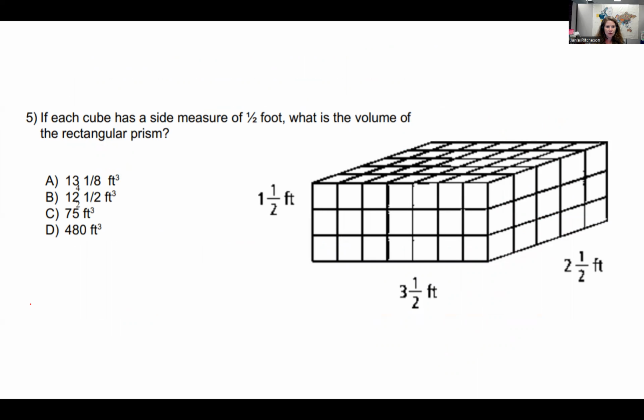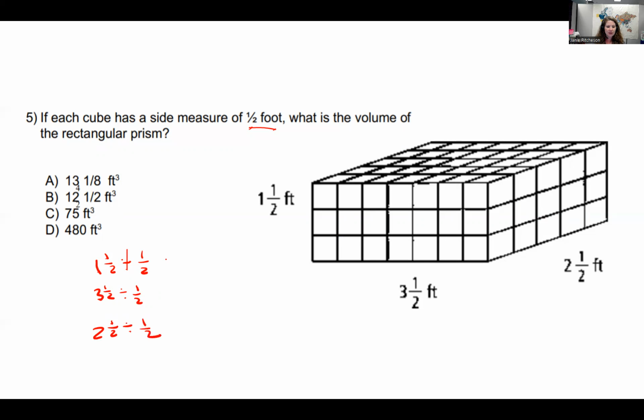Number 5. If each cube has a side measure of 1/2 foot, what is the volume of the rectangular prism? All right, so a couple of steps on this one. If each of them are 1/2 foot, the first thing we do is divide each of these numbers by 1/2. Then we're going to do 3.5 divided by 1/2, and then 2.5 divided by 1/2.